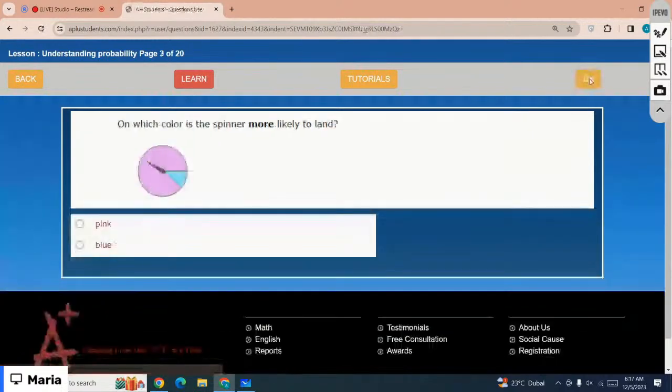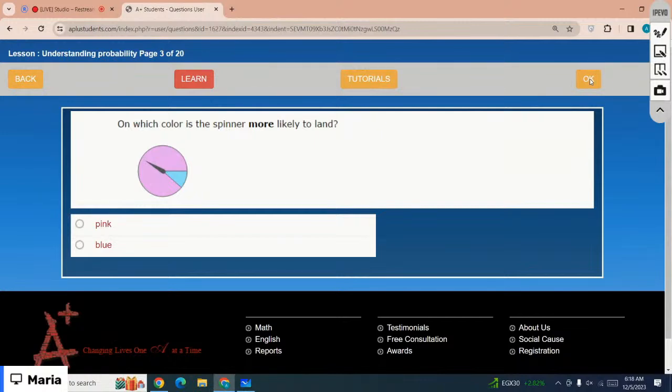On which color is the spinner more likely to land? Which is the correct option? Which is the correct option?